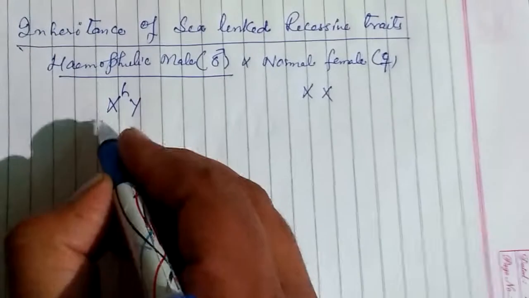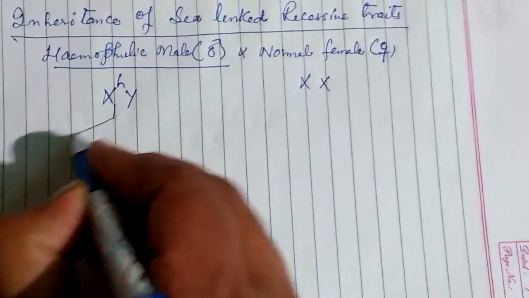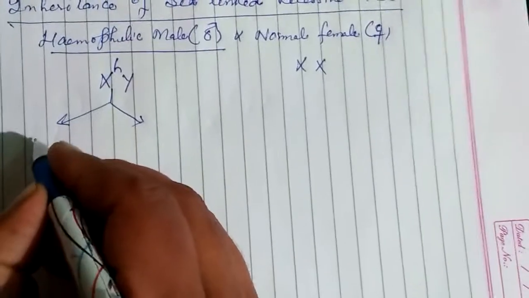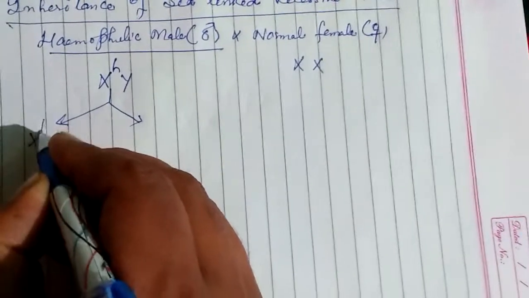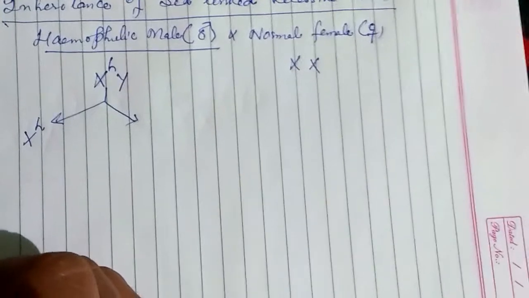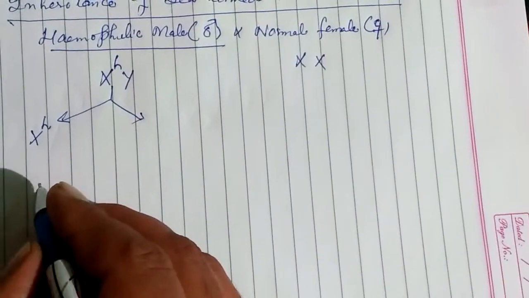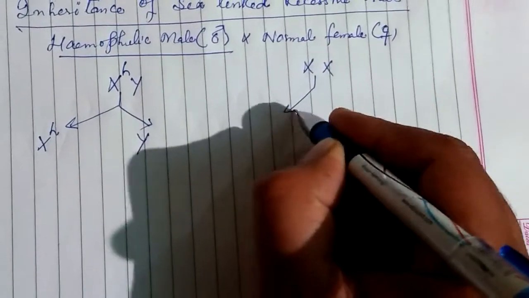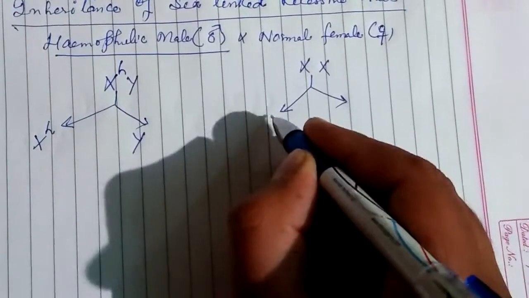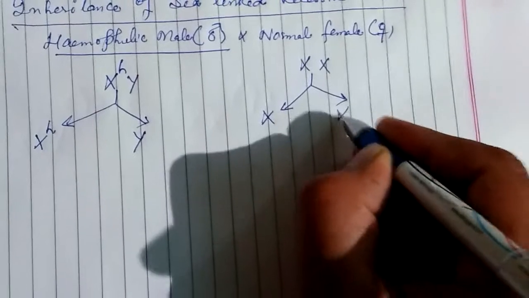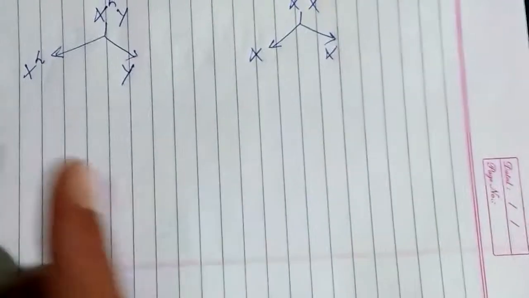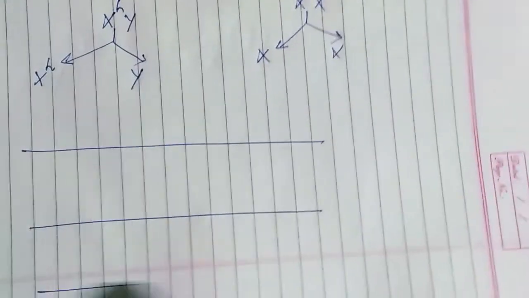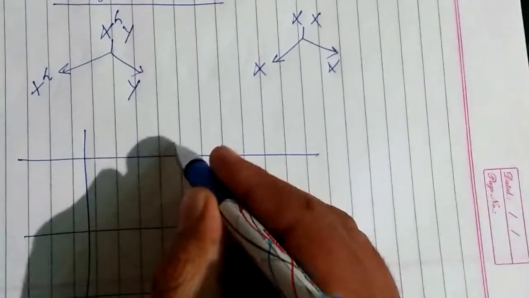Now, during gametogenesis, let's see what will happen. In one of the sperm, this X chromosome will go with H, that's the hemophilic trait, and the other with Y normal. Again, during meiosis, during oogenesis, this X will get separated from this X. Now, further, we can evaluate it through the Punnett square, or you can also call it the checkerboard method.